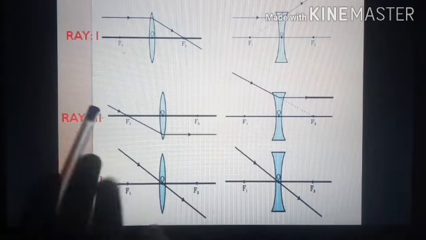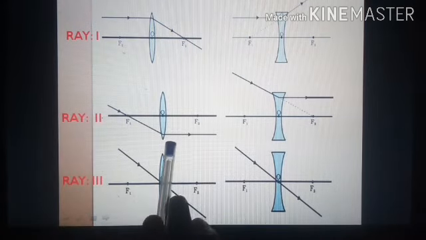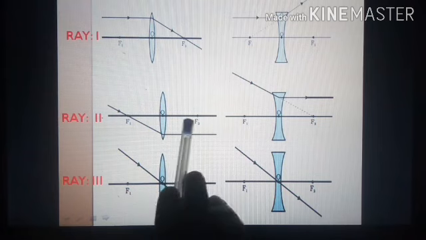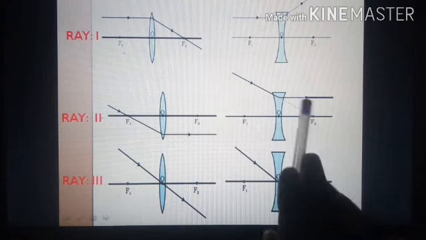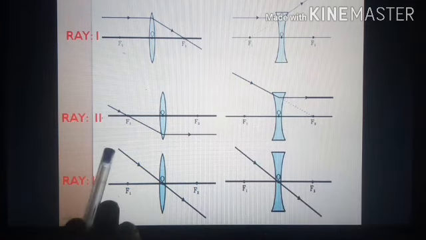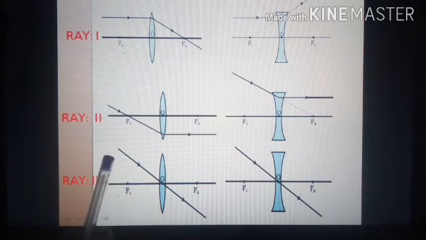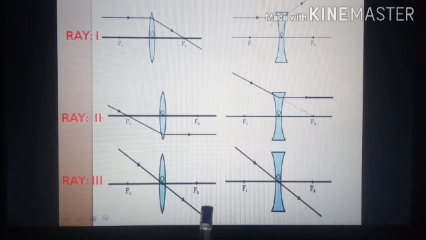Second ray is a ray passing through the focus; after refraction, it passes parallel to the axis. Here a ray appears to meet at a focus, and it passes parallel. Third is the oblique ray, that is, a ray passing through the optical center, with no deviation it will emerge out. So these three rays are very important to draw the ray diagram to form the images.